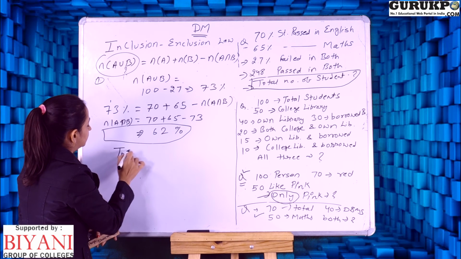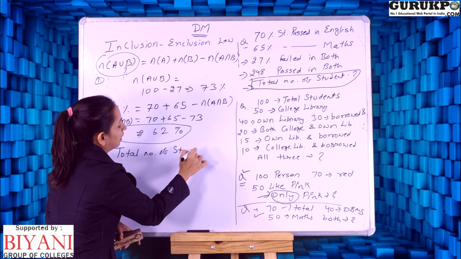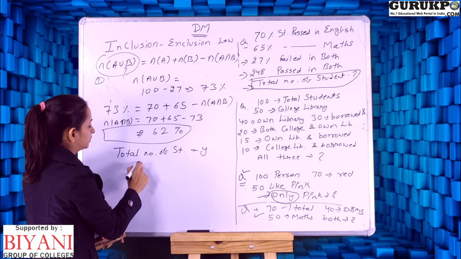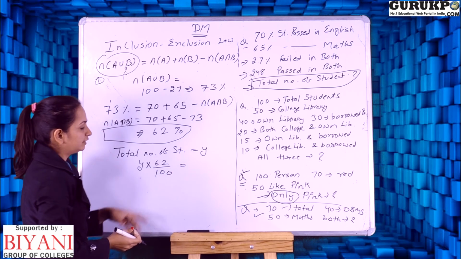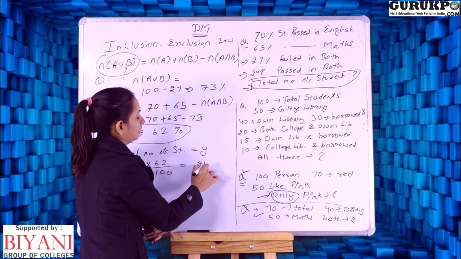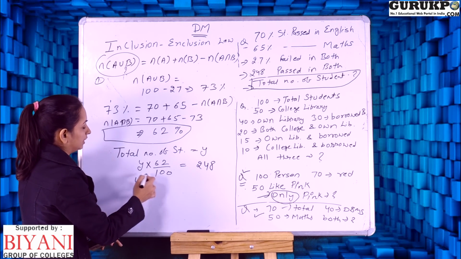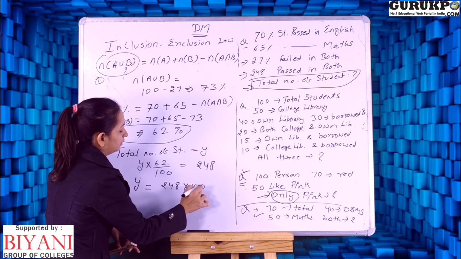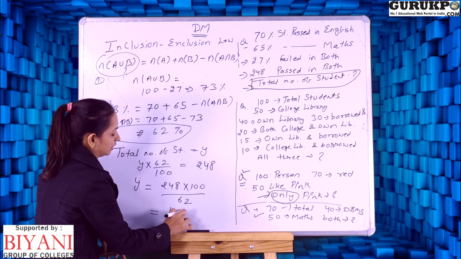For example, if I assume that the total number of students is Y, and 62% of students passed in both subjects, so I take 62% of Y, and that will be equal to 248, because the number is given in the question. So I get the value of Y, that will be equal to 248 into 100 divided by 62, and when you solve this you will get the answer 400.